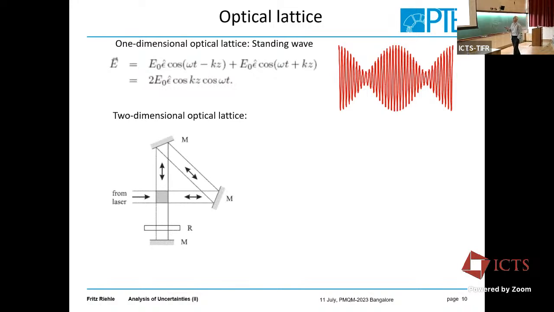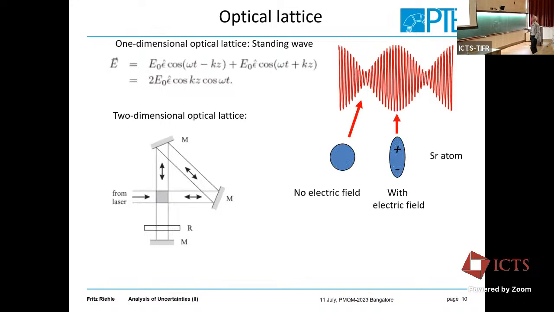You can do a two-dimensional optical lattice simply by using retroreflectors, and a three-dimensional lattice in the same way. An atom which comes near this field, if there is no electric field like here or a small electric field, the atom will be like it is. But in the high field strength, it will be polarized. The positive charge and the negative charge of the atom will be separated. And it's obvious from the beginning that this leads to frequency shifts.